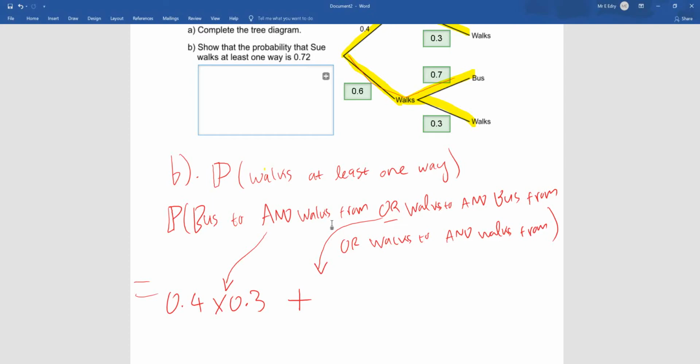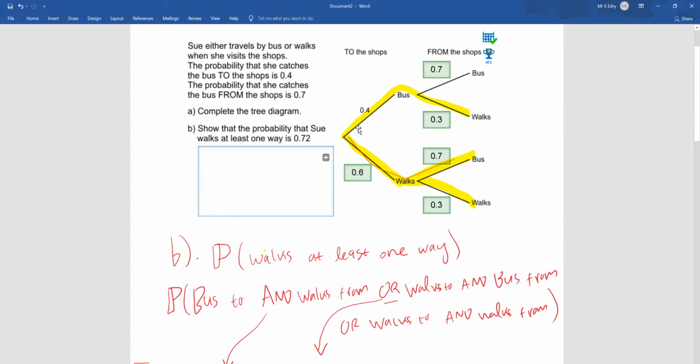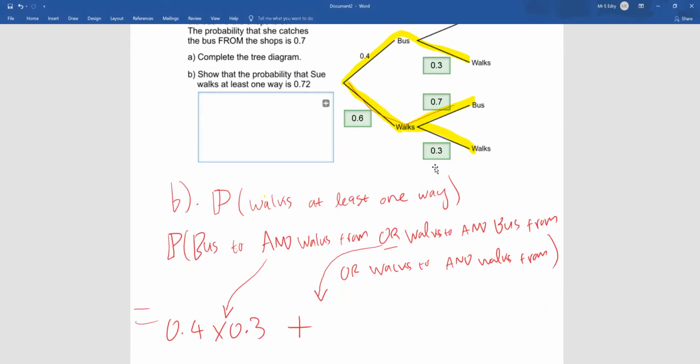So I've got or walks to and takes the bus from. Well, that's going to be 0.6 times 0.7. And then remember, I have or, so that's plus again, walks to and walks from. So that's 0.6 times 0.3, and means times.